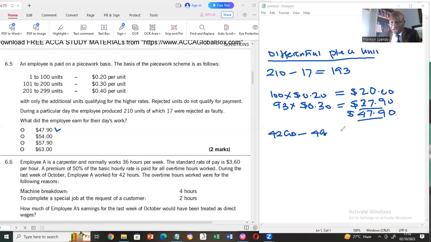The total is 38 hours to be paid at the basic rate. The basic pay will be classified as direct labor hours. Multiply by 3.6. This will give us 136.8.